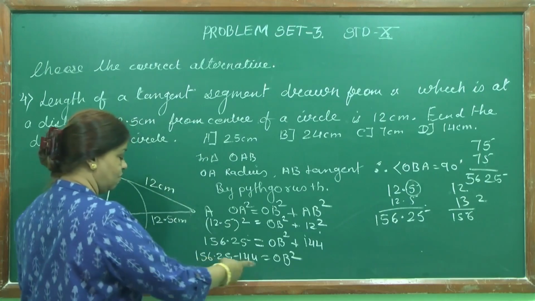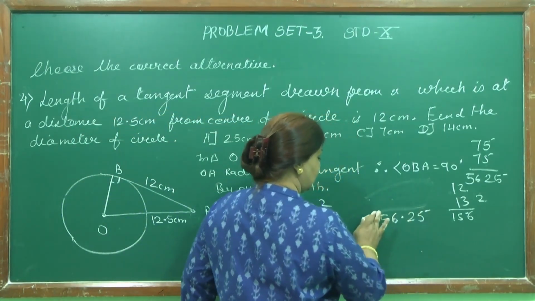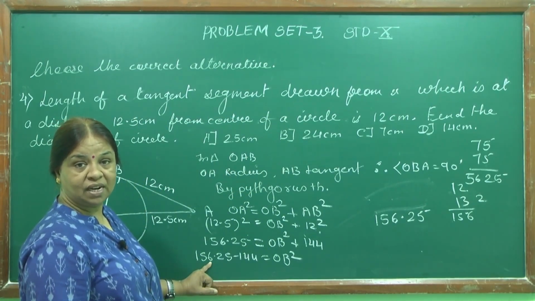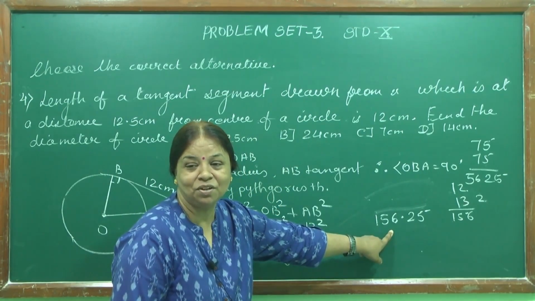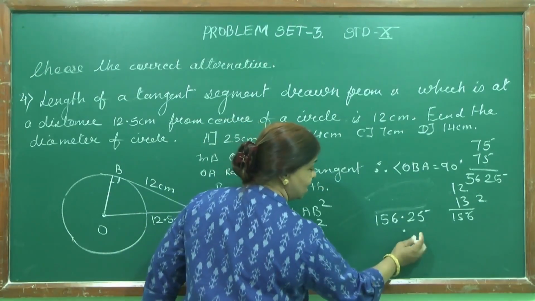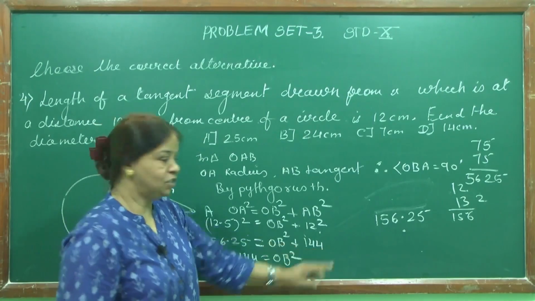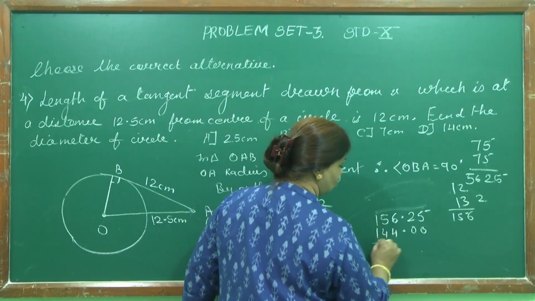Now children, see, while doing the subtraction, I know you will make a mistake. This is 156.25, and you will write 144 over here and do the subtraction. That is what children usually do. But below the point you write the point, and after 144 there is no digit after the decimal, so you write down 0 and write 144.